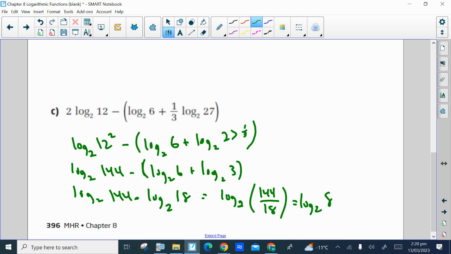What does log base 2 of 8 mean? Two to what power equals 8? Okay, all good.